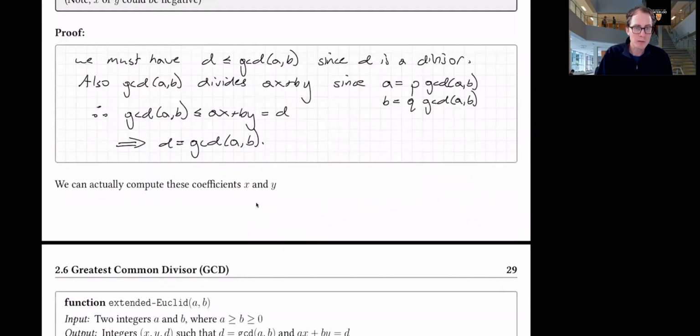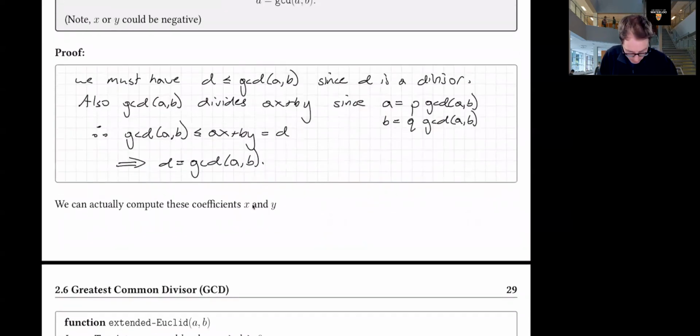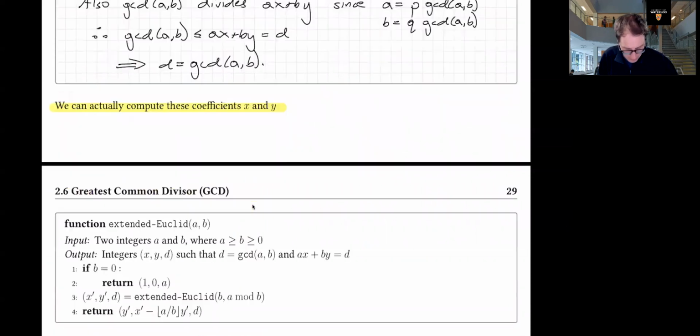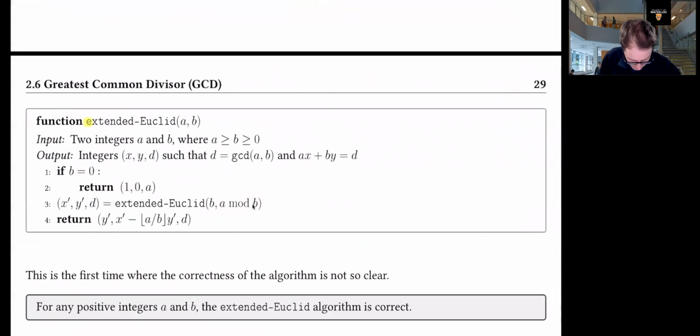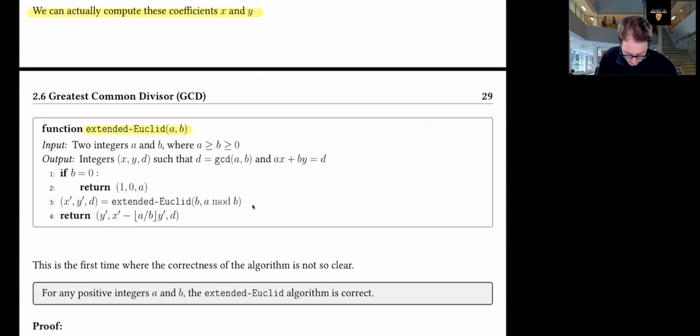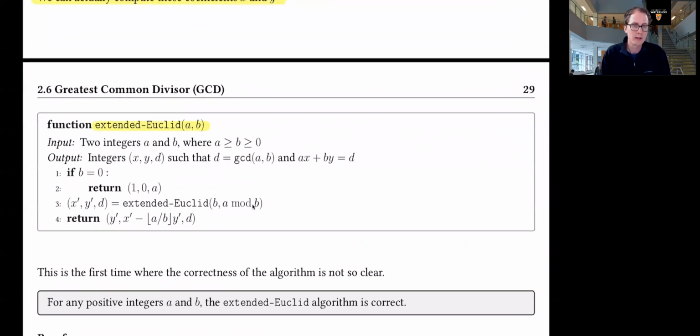And we can actually compute those coefficients, X and Y. And this can be done using the extended Euclid algorithm. So it takes in A and B, where A is greater than or equal to B, same as the regular Euclid's algorithm. And it outputs integers, X, Y, and D, such that D is the greatest common divisor and AX plus BY equals D.